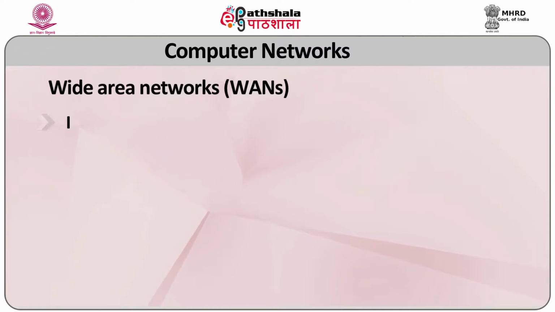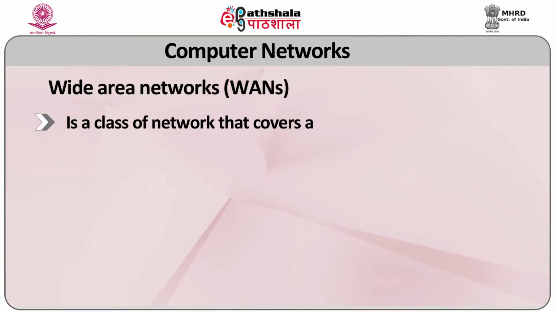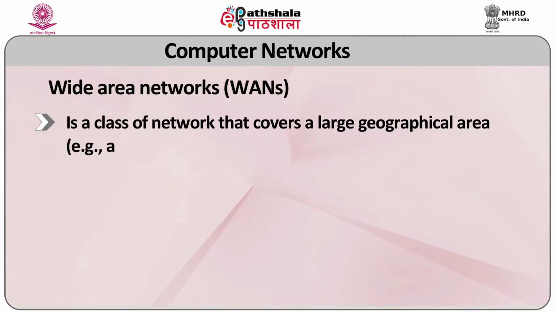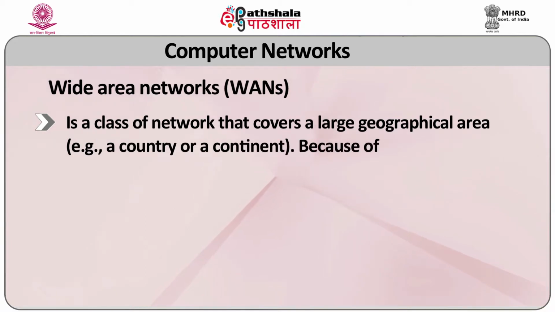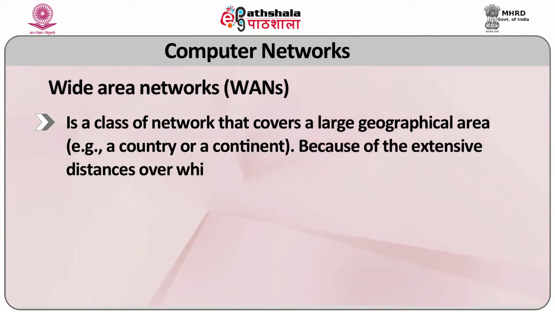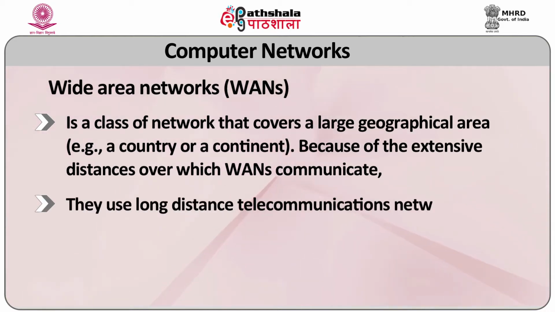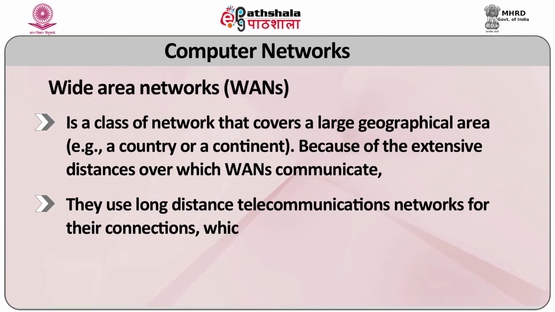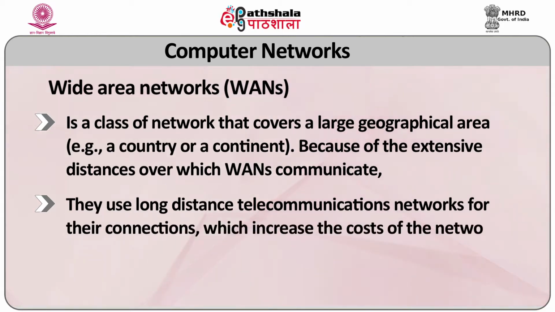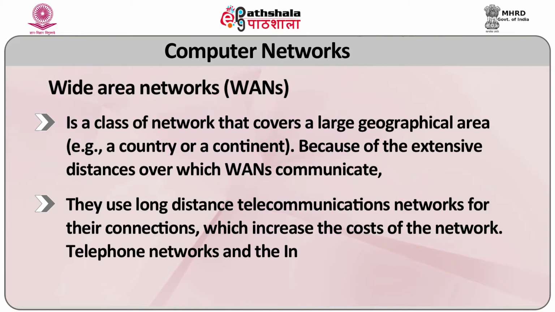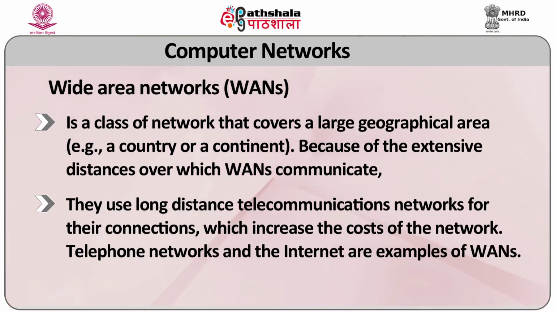A WAN is a class of network that covers a large geographical area, for example a country or a continent. Because of the extensive distances over which WANs communicate, they use long-distance telecommunications networks for their connections, which increases the cost of the network. Telephone networks and the internet are examples of WANs.